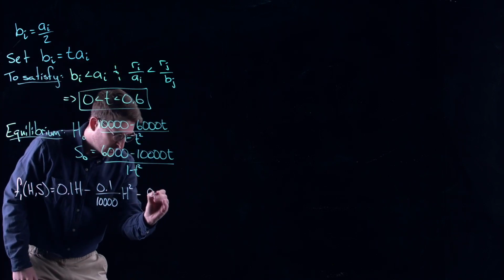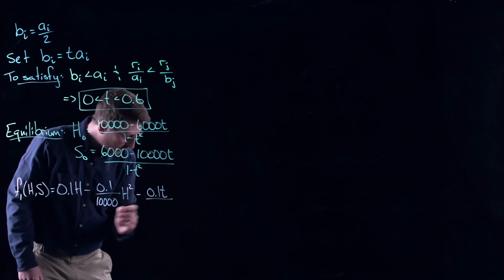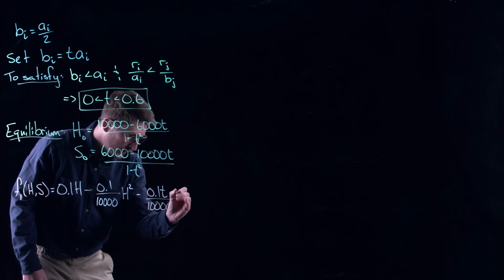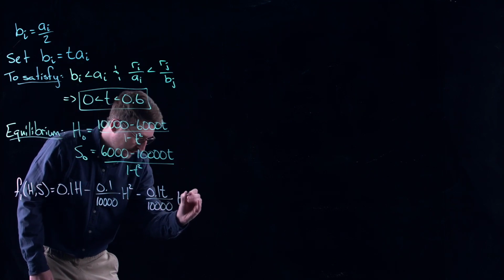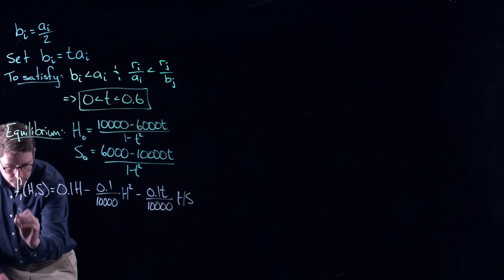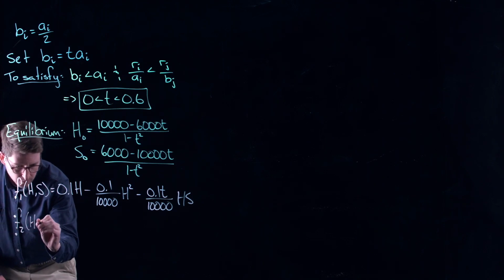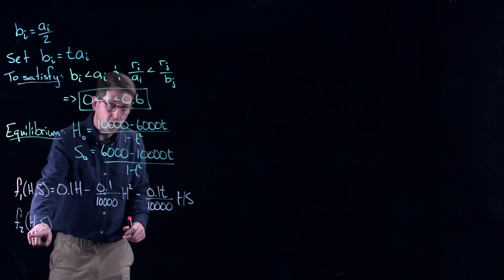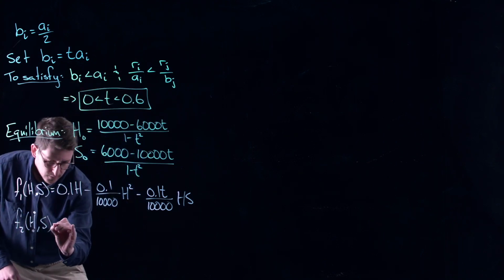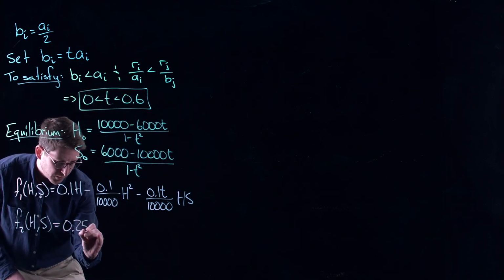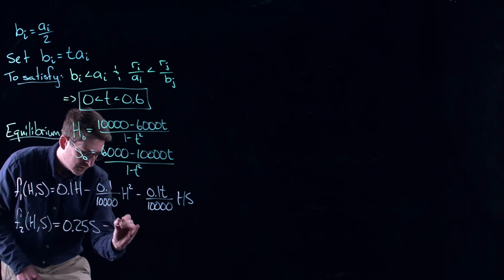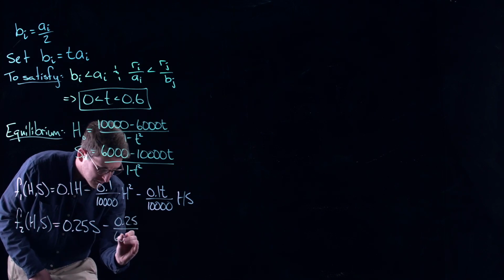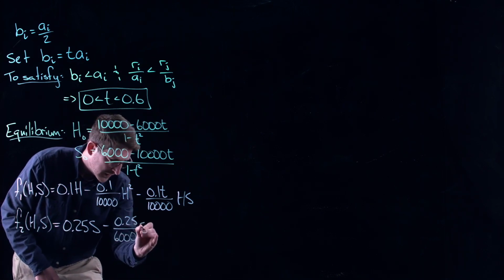So this is 0.1 t divided by 10,000 at h times s. And similarly, we have for the softwood trees, they have a 25% growth rate, and then you have growth rate divided by the carrying capacity, 6,000, and this becomes s squared.